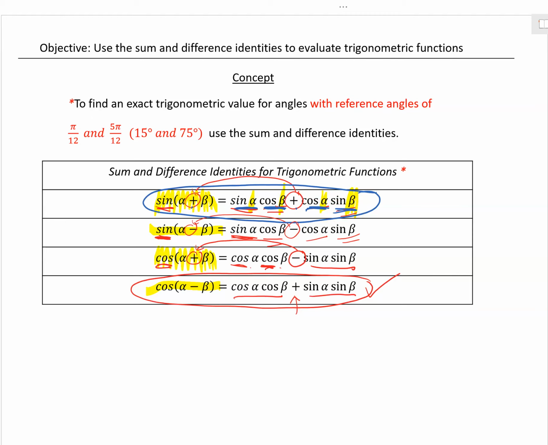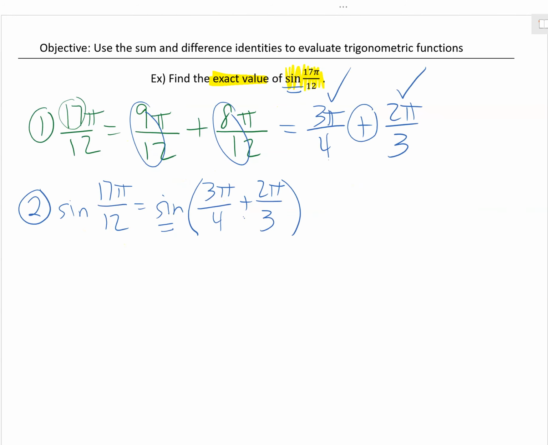So I'm going to go back and write that down for reference. So I have got here the sine of alpha plus beta is the sine of alpha times the cosine of beta, same sign plus, and then it switches to cosine of that alpha angle times sine of that angle beta.